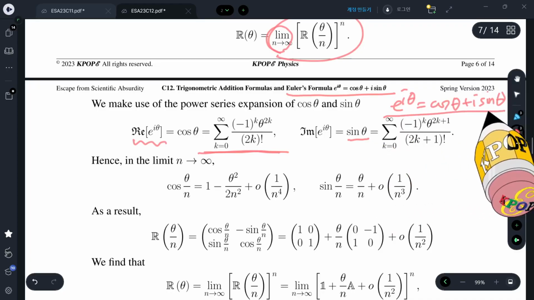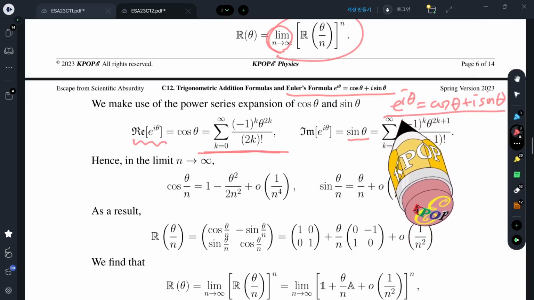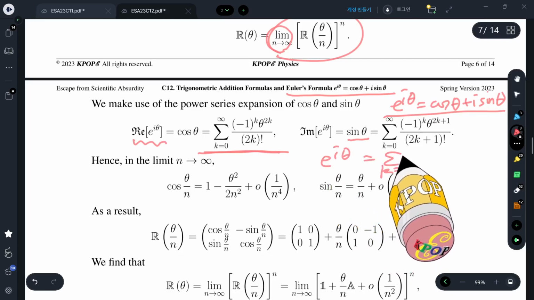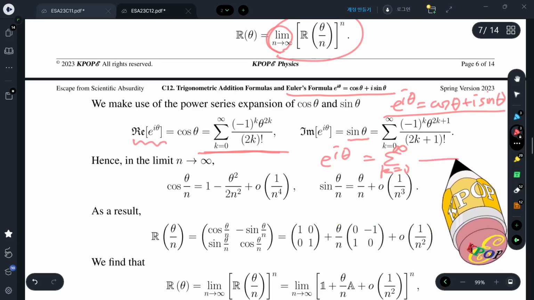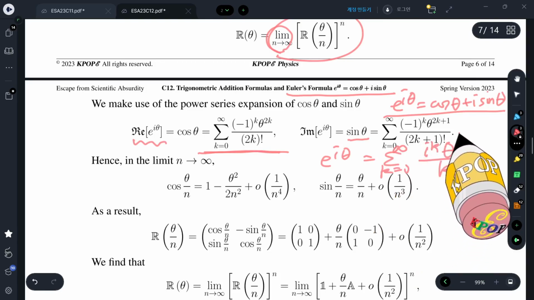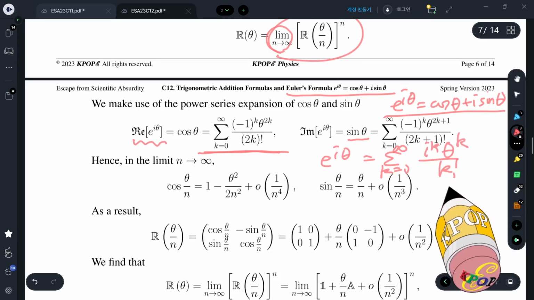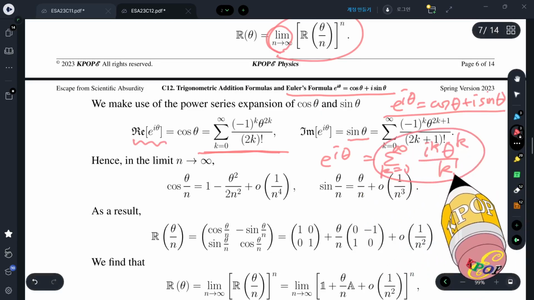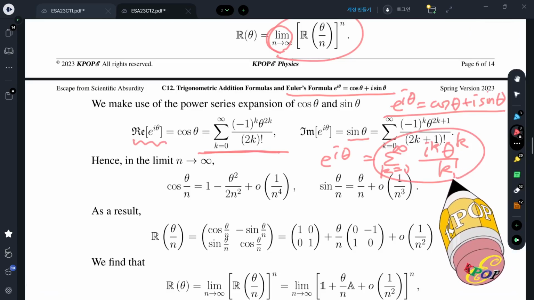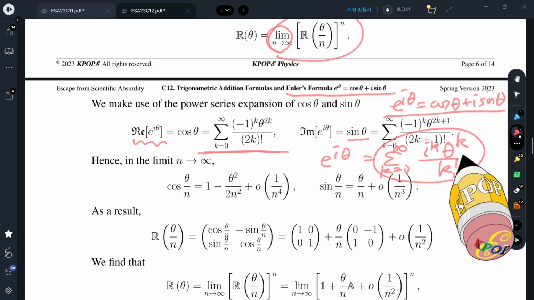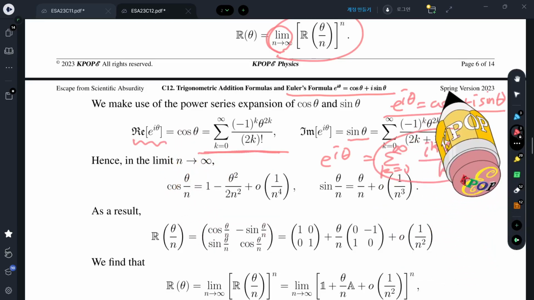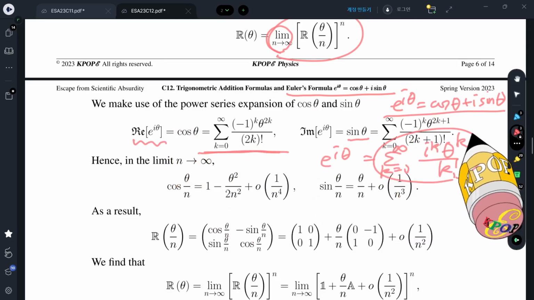That can be obtained by expanding e to the i theta as a power series, k runs from 0 to infinity, i to the k over k factorial, theta to the k, and this sum can be divided into two pieces, even powers and odd powers. In that case, we arrive at the final result that the real part is cosine and the odd part is sine.